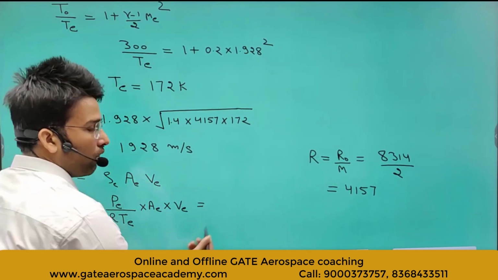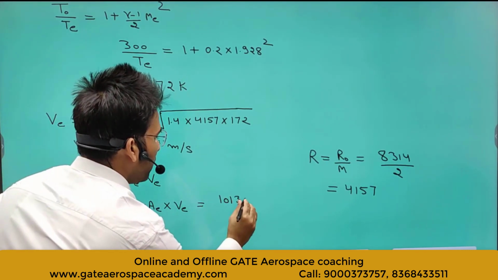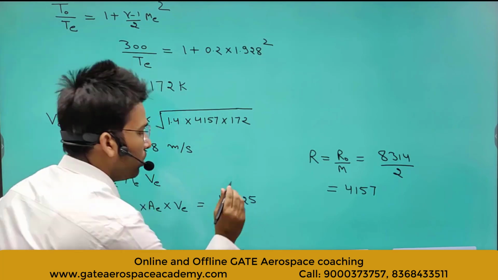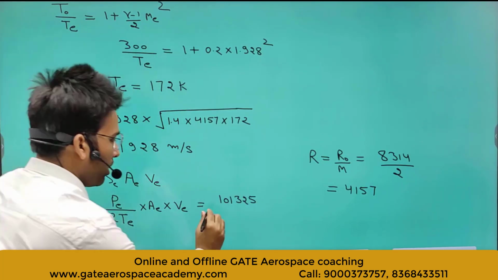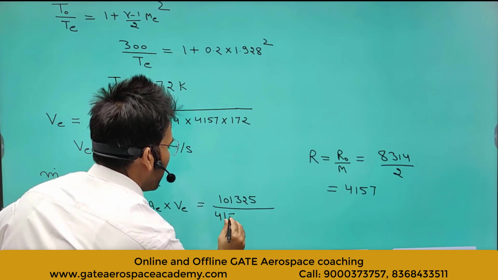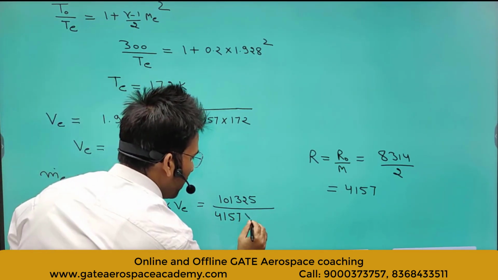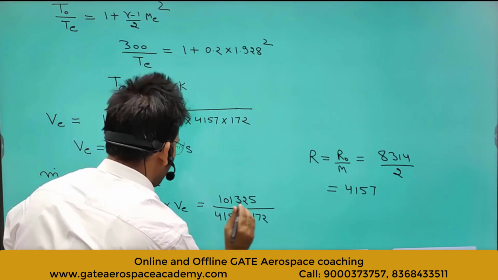Exit pressure is 1 atm, 101325 Newton per meter square upon R is 4157 joule per kilogram Kelvin into T 172.